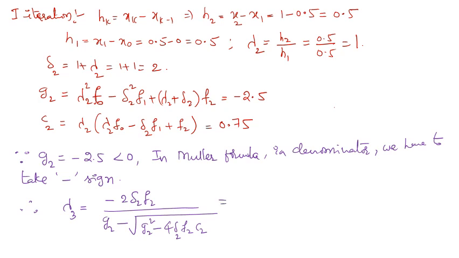This is equal to negative 12 by 2.5, taking minus common, plus under root of 24.25. This value is minus 1.616286. Okay, this is lambda 3 is over.